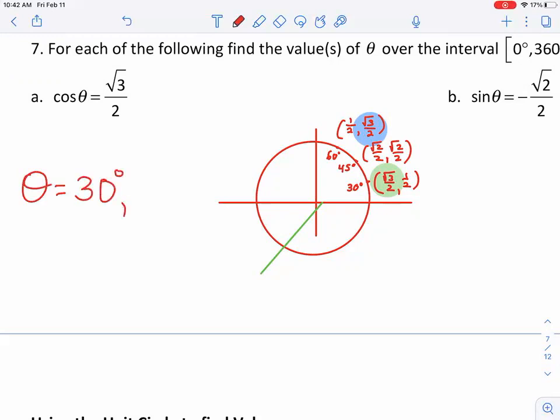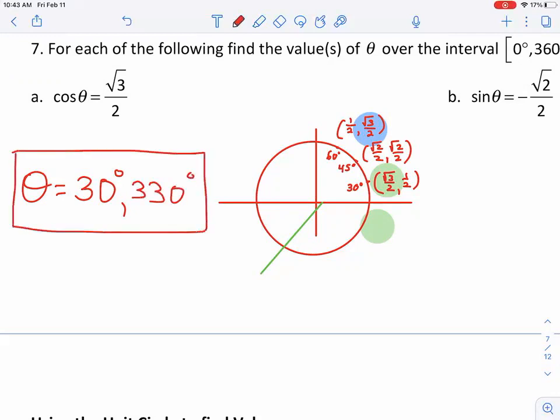Because the cosine, which is the x value, would also be √3 over 2 down here with a reference angle of 30, but in the 4th quadrant. So that would be 330 degrees, because it would be 30 degrees shy of 360.